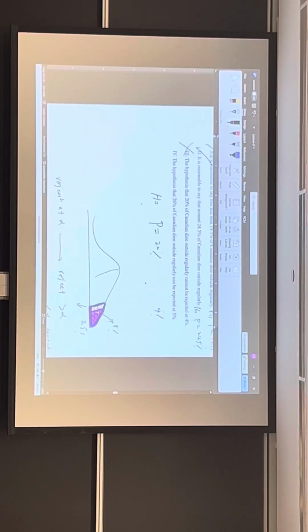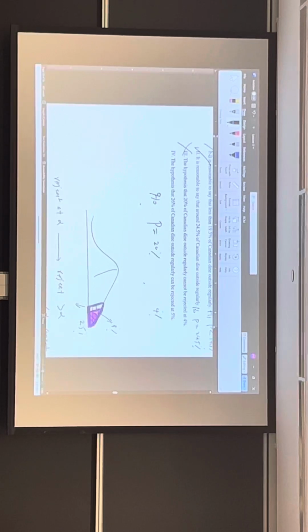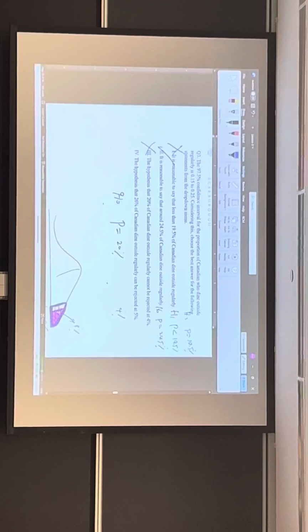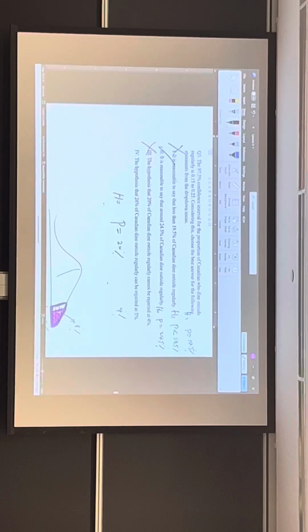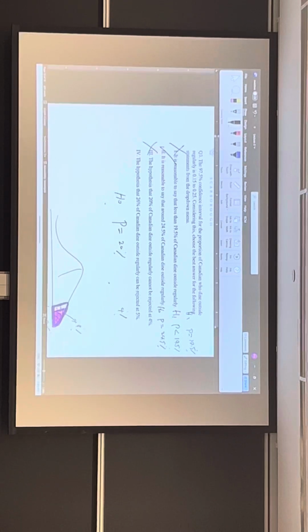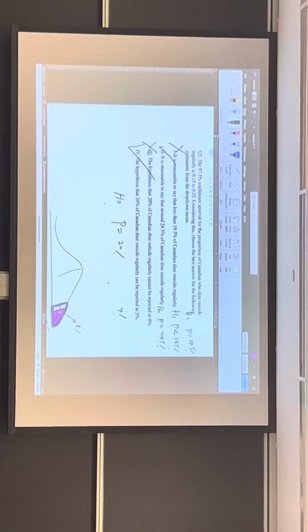What about the last one? 26% falls outside. You reject at what percentage? 2.5. If you reject at 2.5, do you reject at 5%? If you reject at alpha, you will reject at anything more. That is correct. So the third and fourth are using the rule of thumb I gave you.